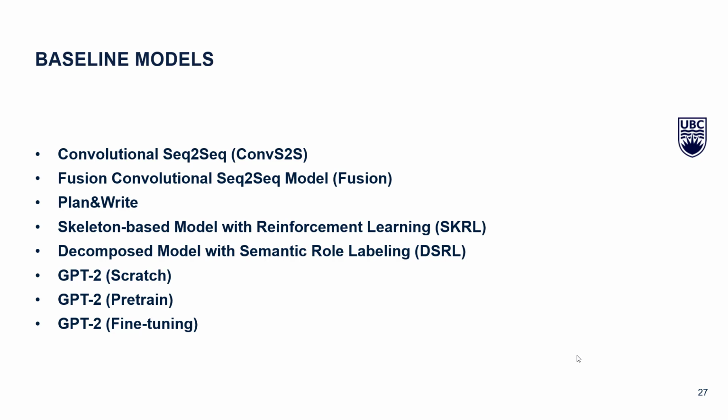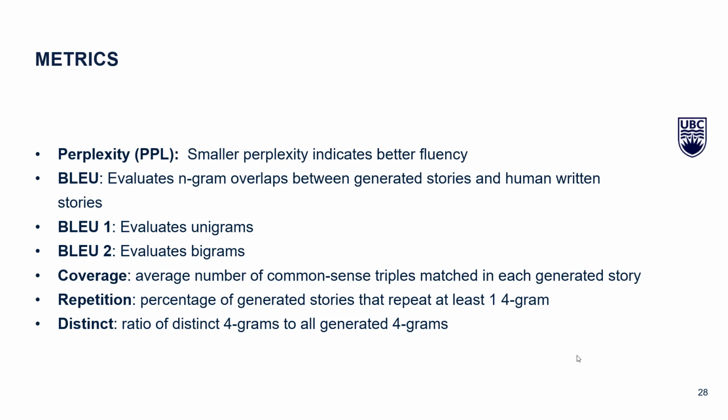And then they also looked at GPT-2 with some pre-training but without fine-tuning, and then GPT-2 with fine-tuning as well. The metrics they used were some quite common natural language processing metrics like perplexity and BLEU score. They also looked at coverage and repetition and distinct.